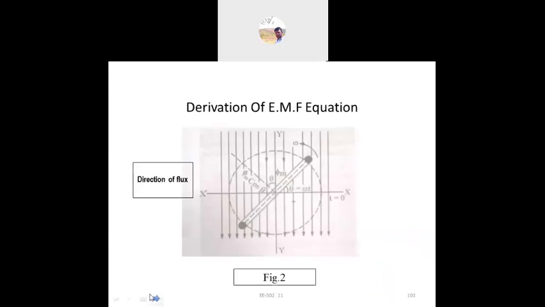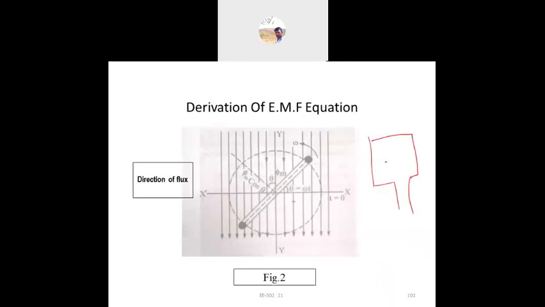So, derivation of the EMF equation. Here is the direction of the flux. In the x axis we have the time, in the y axis we have the magnitude. Here is the conductor, and this is the conductor direction.